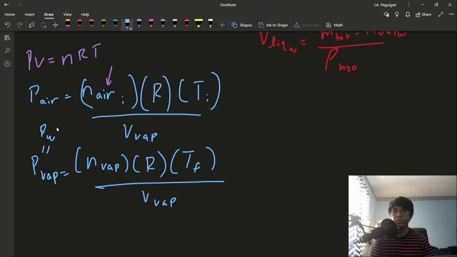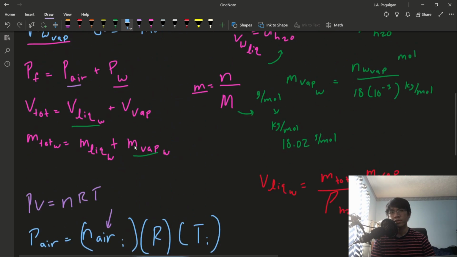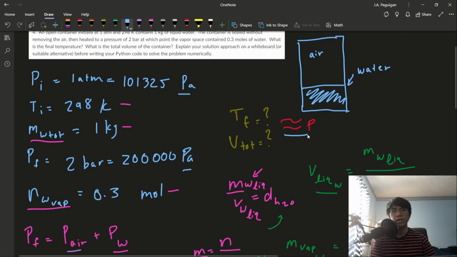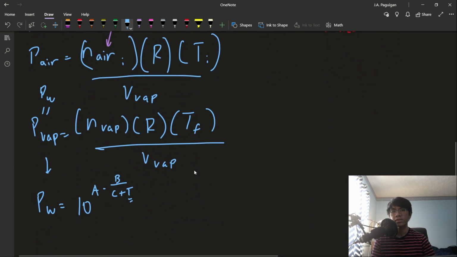And that is also dependent, from our last video, we found an equation where the vapor pressure was equal to the Antoine equation, which is 10 to the A minus, I believe, B over C plus T. And that is another place where we can relate a temperature to pressure. As you remember, that was the whole point of trying to find this relationship with ideal gases and relate it to temperature. You can see temperature being present in both equations.